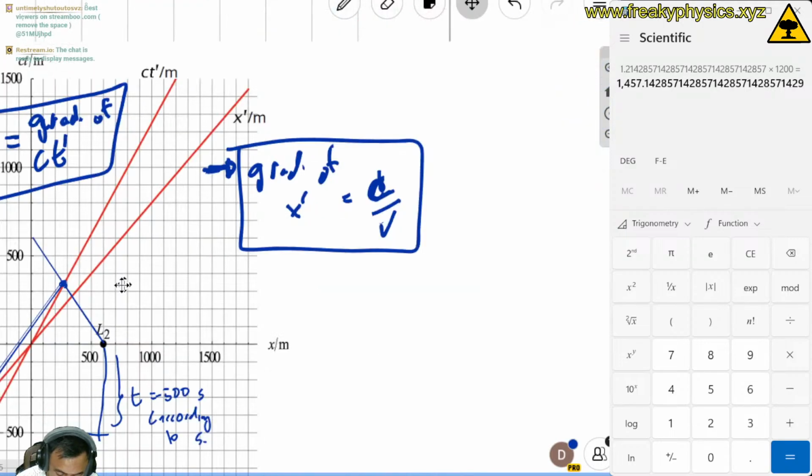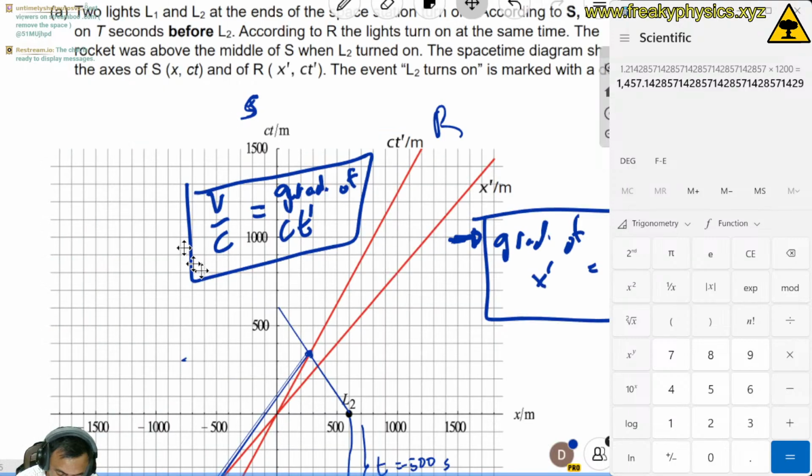Once we find the speed, you're going to use that speed to determine the time difference between the two lights turning on relative to S. We have the equation there in the data booklet.